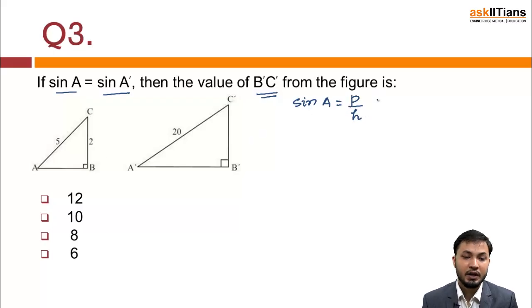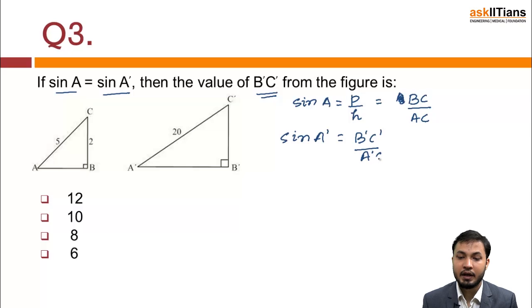So in this case my perpendicular is BC by AC, right? And my sine A dash will be equal to B dash C dash by A dash C dash, right?